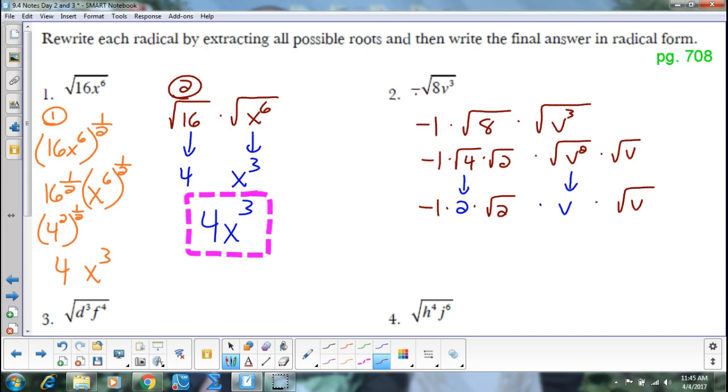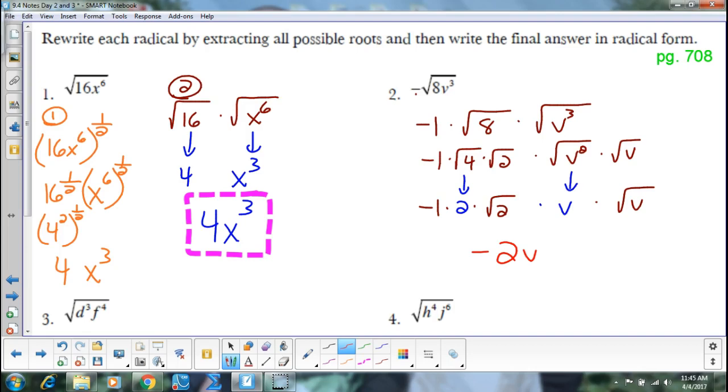Okay. So I've simplified it as far as I can go. Now, outsides get multiplied with other outsides. So negative 1 times 2 times v is negative 2v.